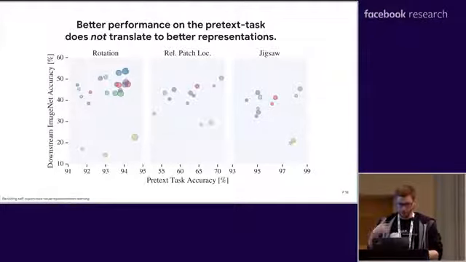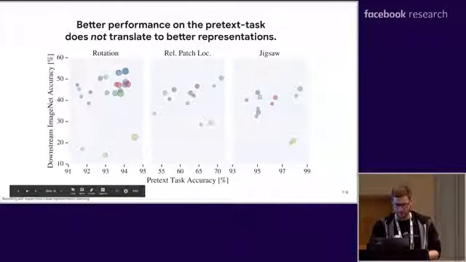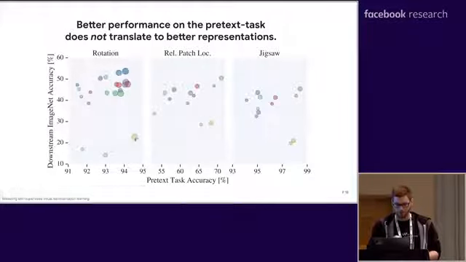We looked at one possible way, which is to look at how well the model performs in the pretext task that you trained it with. And this turns out not to be a good indicator. Here we have on the x-axis the pretext task performance, and on the y-axis the downstream performance. In this example, the model that performs best on the pretext task is actually miserably bad on the downstream task. So this is an open question, and for now, we still need the labels in the end for model selection.